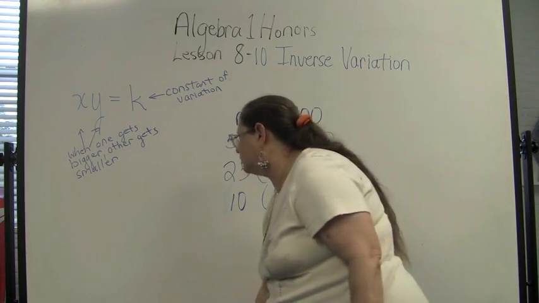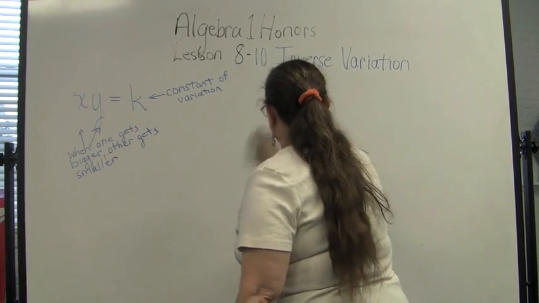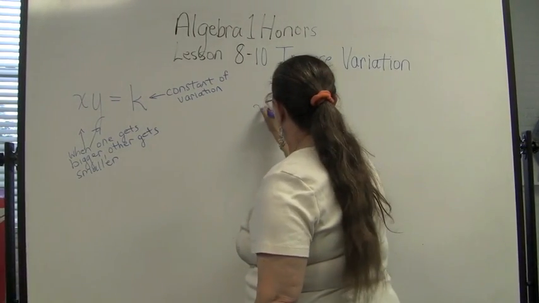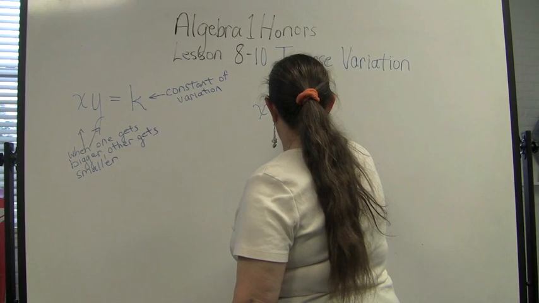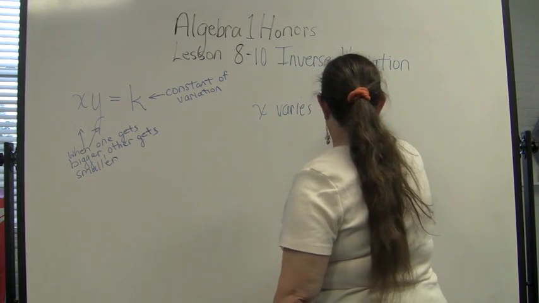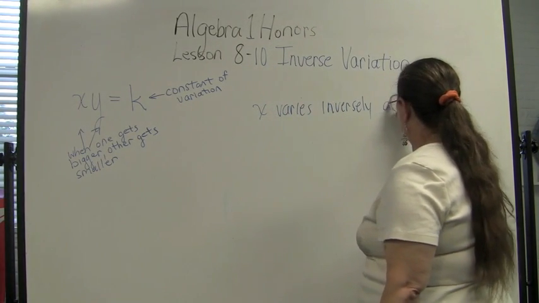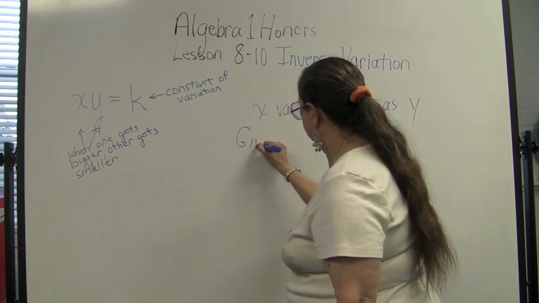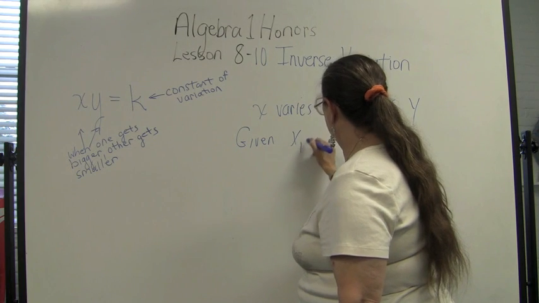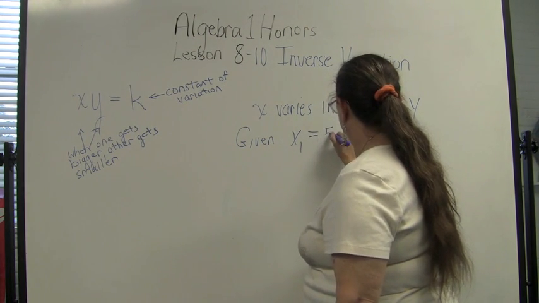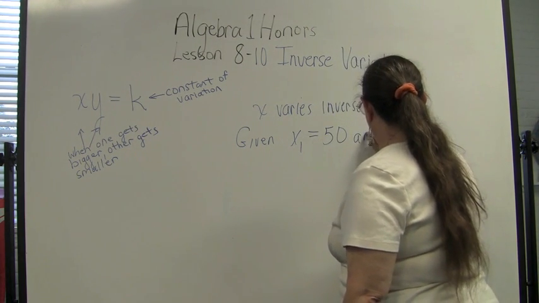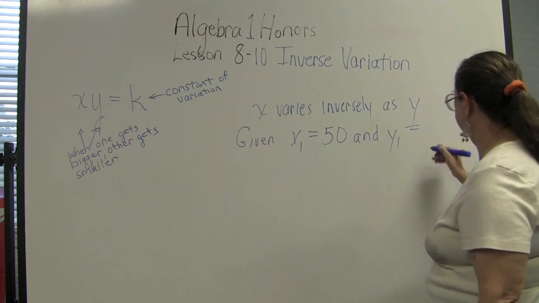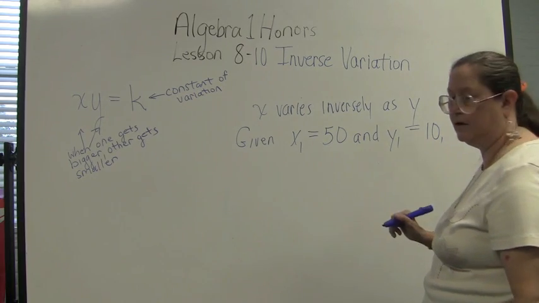Now the problem you might see is something like, it'll say X varies inversely as Y, okay? Given X1 equals 50 and Y1 equals 10, okay?